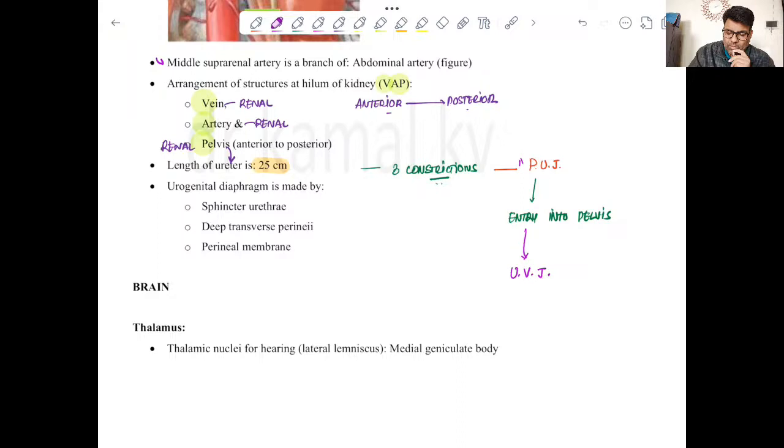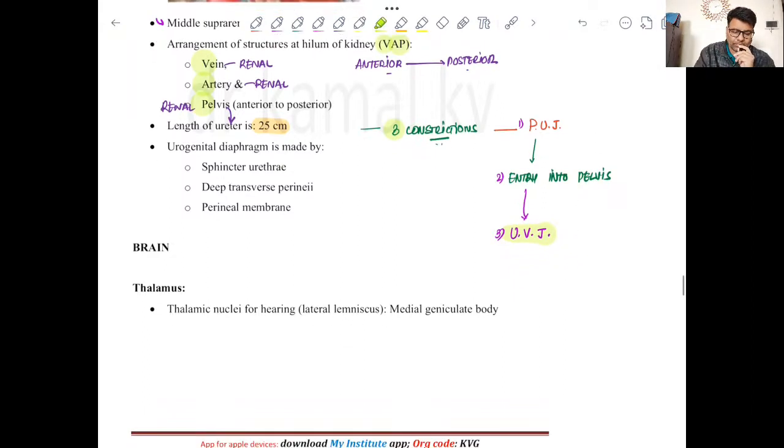So these are the three important constrictions, and clinically this is the narrowest one, and a renal stone or a ureteric stone can get stuck here and it can cause very severe pain. So therefore one should know the constrictions, and if there is renal colic, one should understand that the stone is impacted at either of these two important constrictions, PUJ or UVJ.